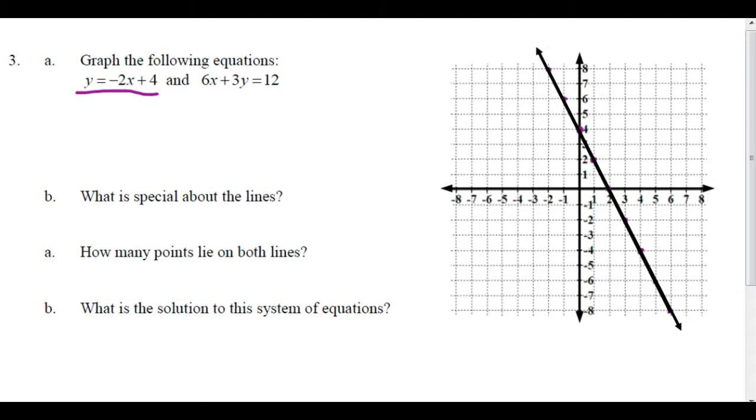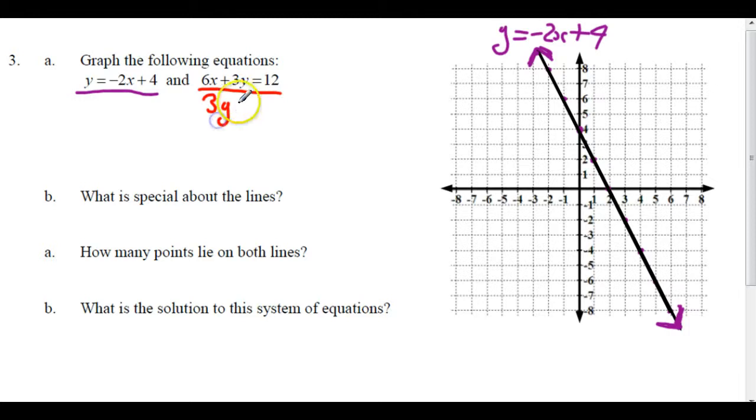The same line. Arrows. Label y equals negative 2x plus 4. And draw a line. 6x plus 3y. Okay, well, you know what?